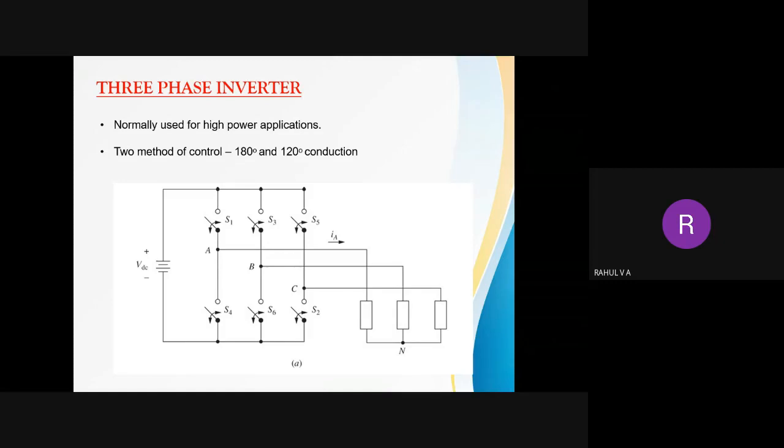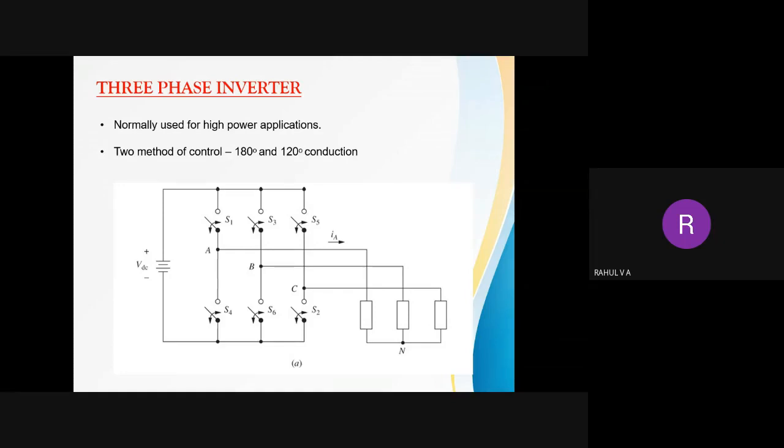Okay, we will start the session. In the last class, we were discussing the three-phase inverter, and we have seen that a three-phase inverter requires three phases, and these three phases we can generate by adding three single-phase inverters. But the problem is that we need more components.